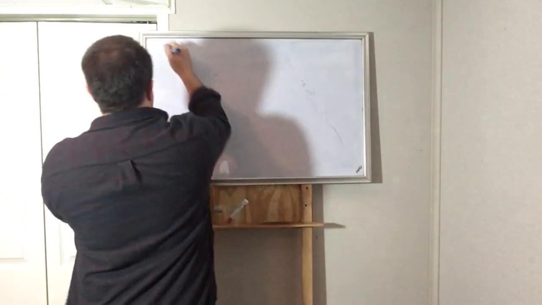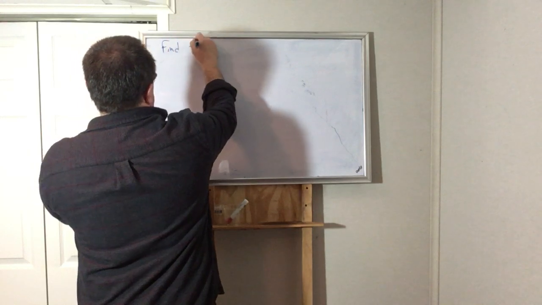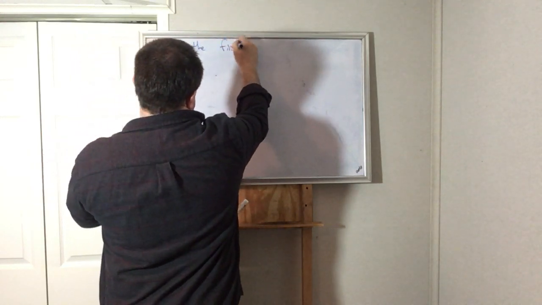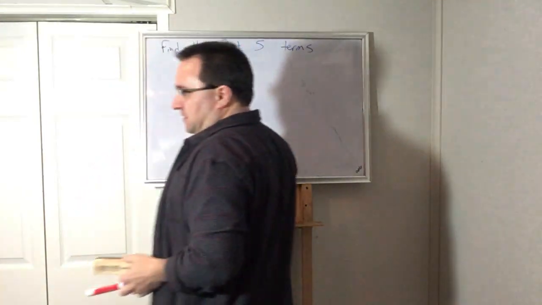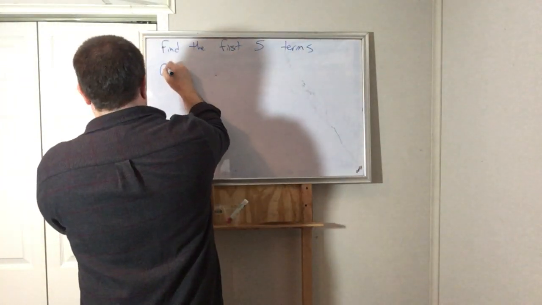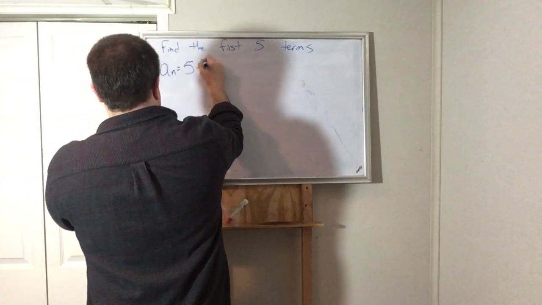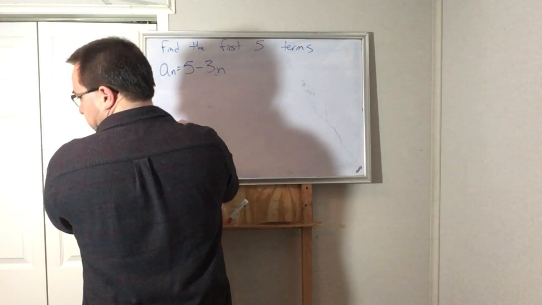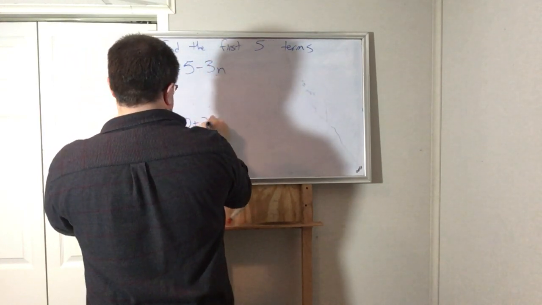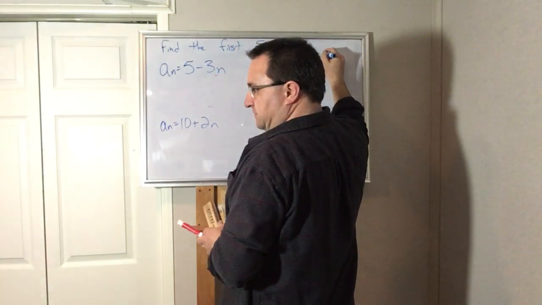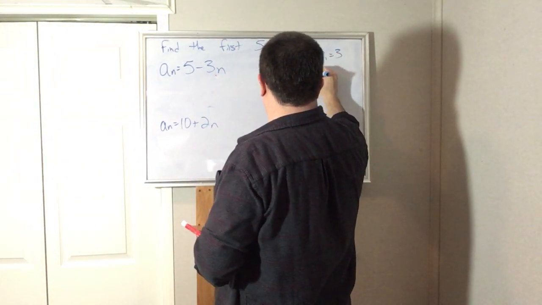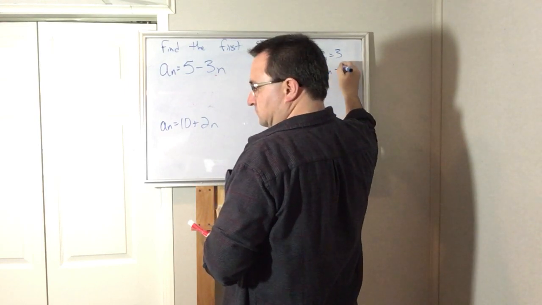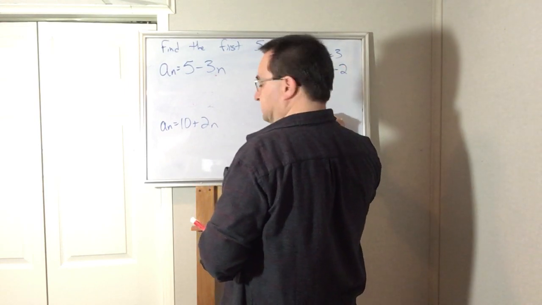The directions will be find the first 5 terms. Okay? So let's say I give you this one, and this one, and this one, and this one.